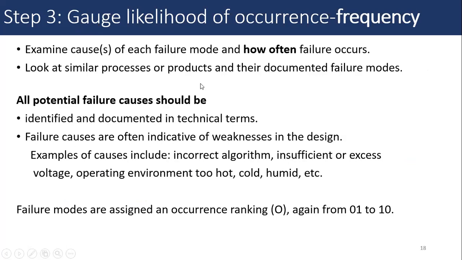In processing companies, we maintain records for failures. Then we can go through those records and analyze the frequency during this year, during 2020 or 2021. How many cases were reported, how many similar cases?